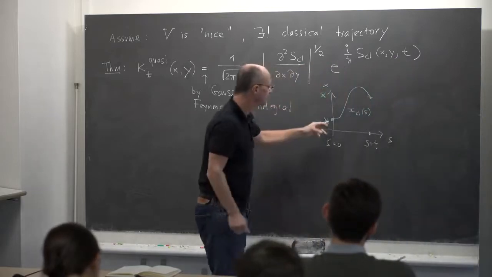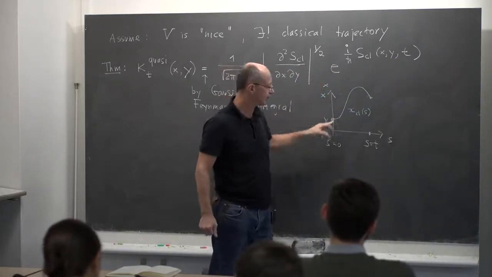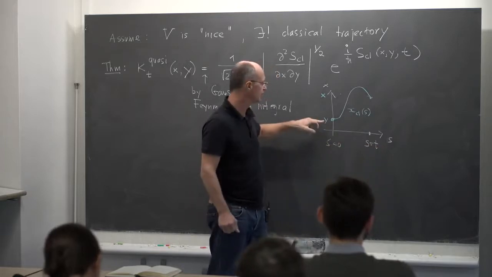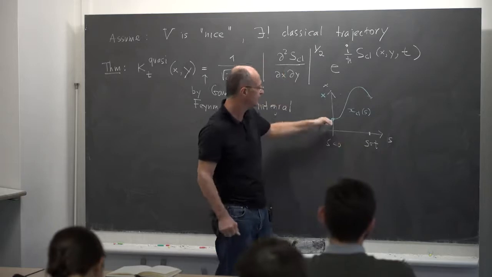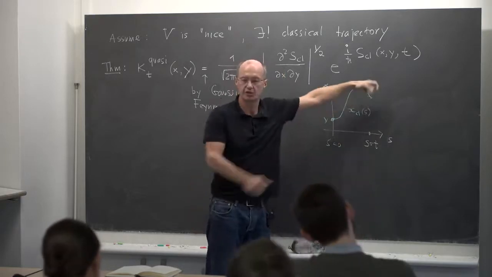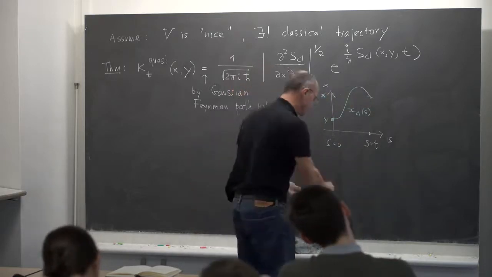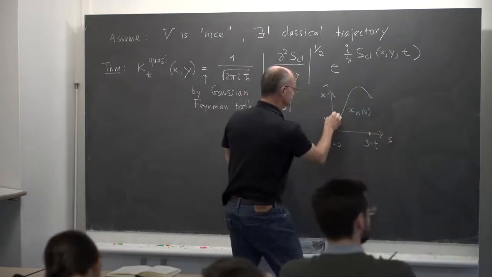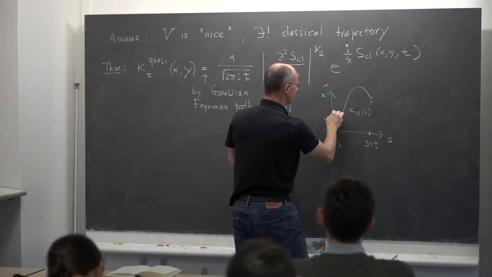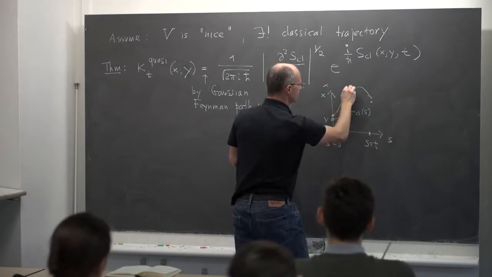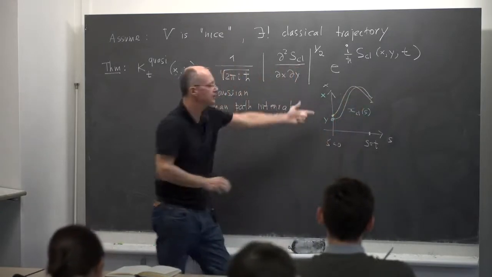Well, now a priori it becomes a function of t, x, and y, right? In particular, if we fix t, we can move those points x and y. For instance, I can go like this. And here there will be some other classical trajectory, maybe like that.